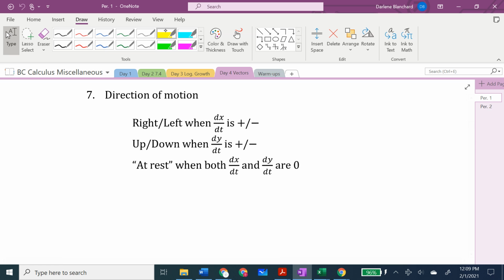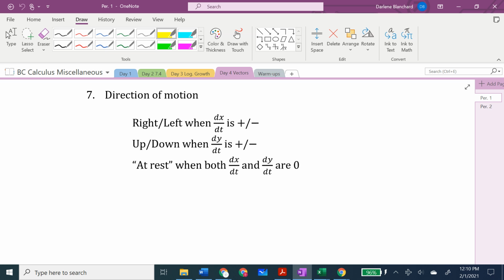When you're dealing with velocity and you're working with the AB version of linear motion back and forth on a line, positive velocity meant you were moving in the positive direction of that line. Negative velocity meant you were moving in the negative direction of that line.